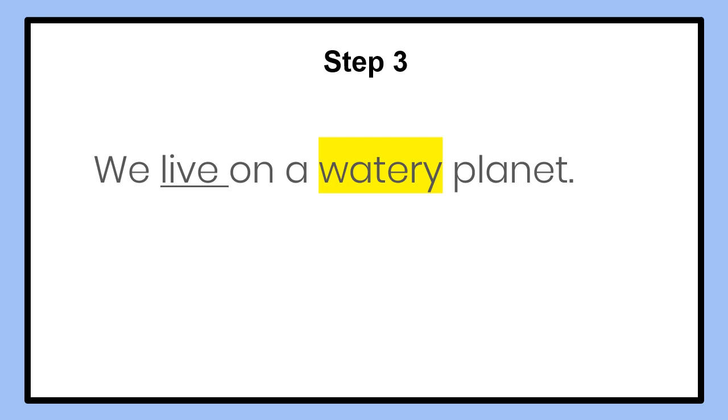What is watery? That is correct. Watery is an adjective because it describes planet. What is the word planet? Very good. It is a noun. It names where we do the action.